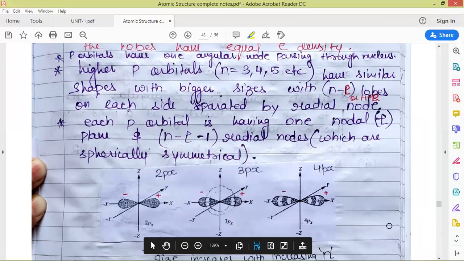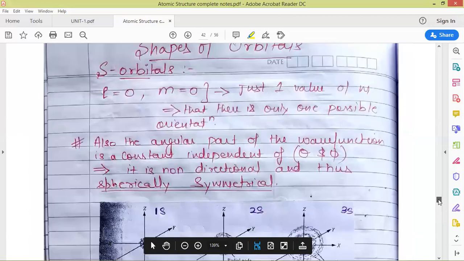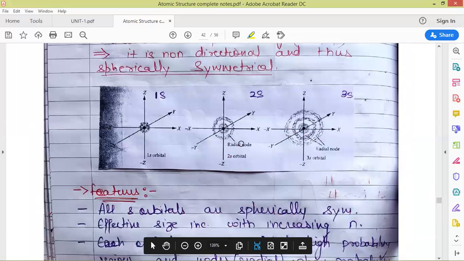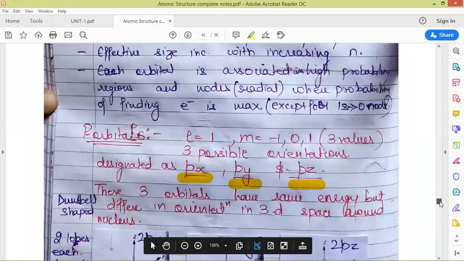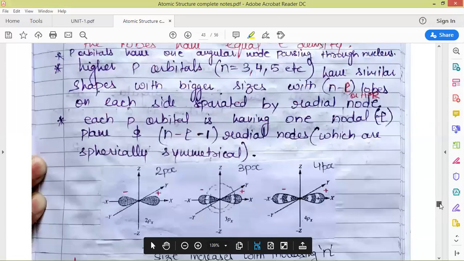In the s orbitals we have seen that the orbitals were spherically symmetrical and the nodes were also spherically symmetrical. Here, p orbitals are not spherically symmetrical, but the nodes are. These are present in all three directions.